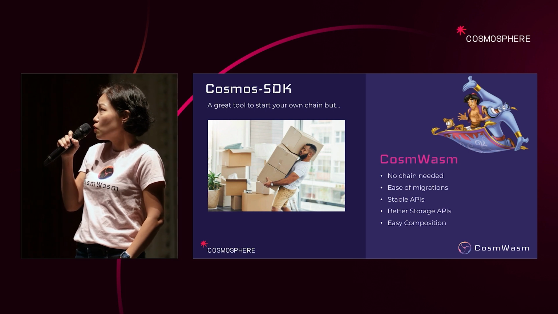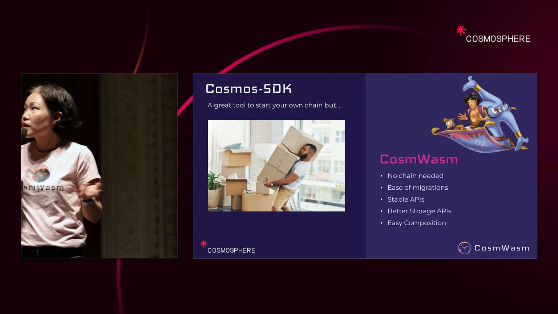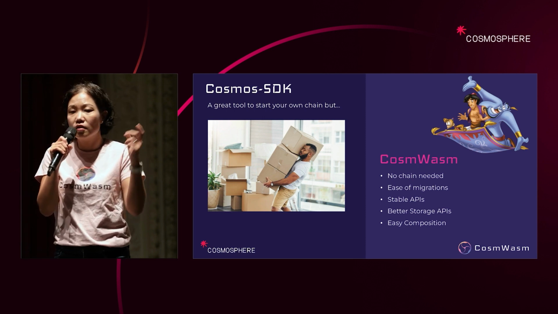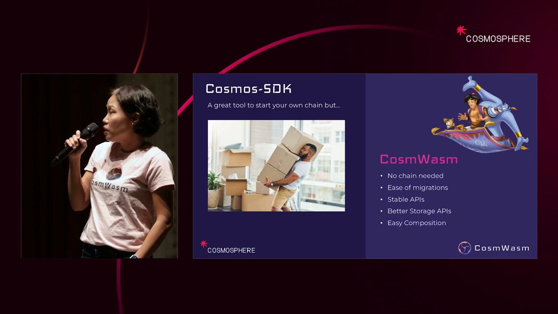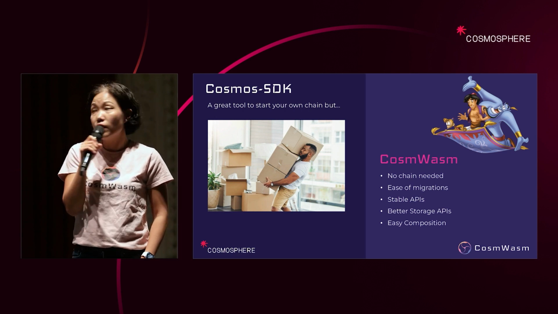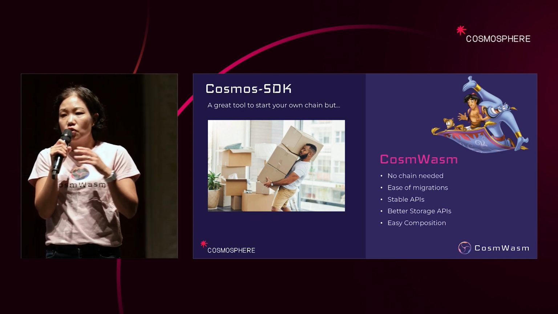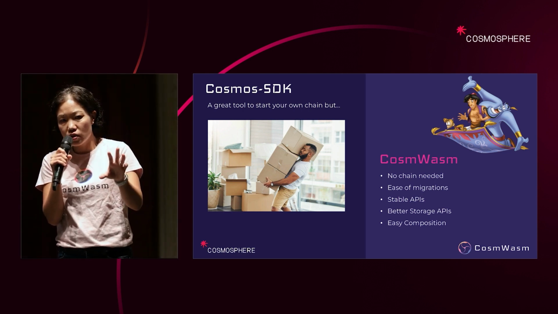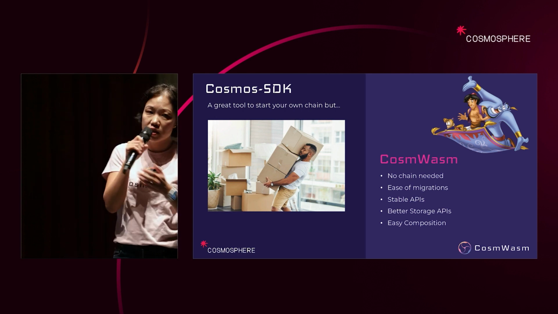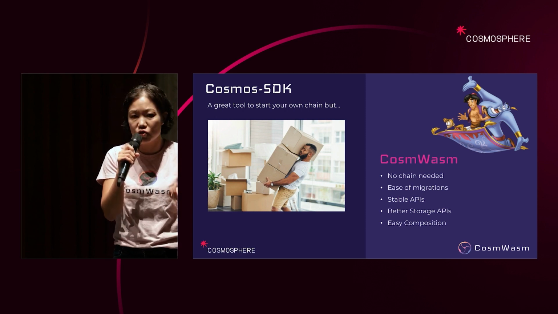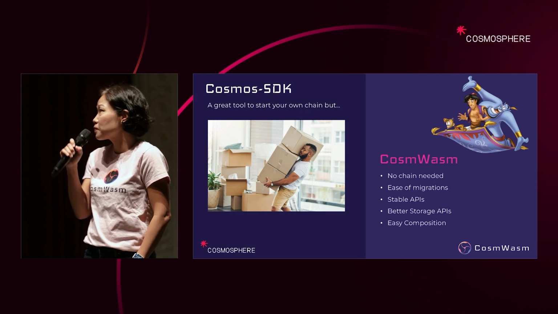And CosmWasm also simplifies the migration from one chain to another without chain level coordination. And it also provides stable APIs, which means we make sure your code remains compatible with future Cosmos SDK API changes so that you don't have to deal with every API change of Cosmos SDK.